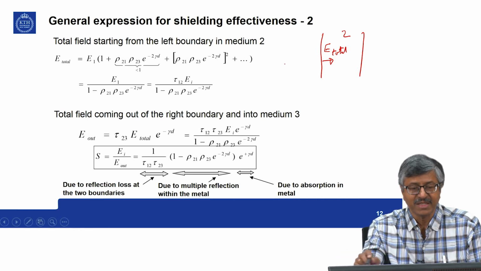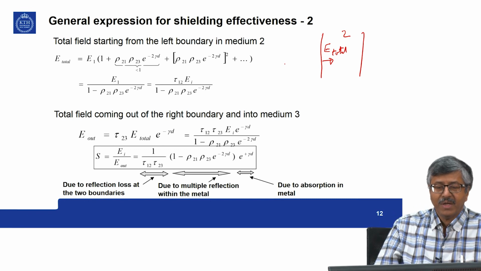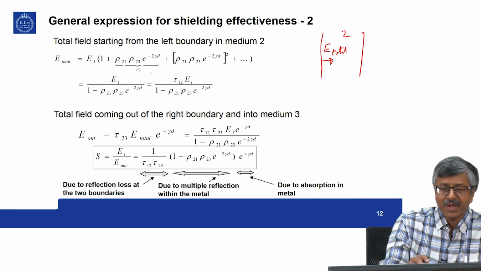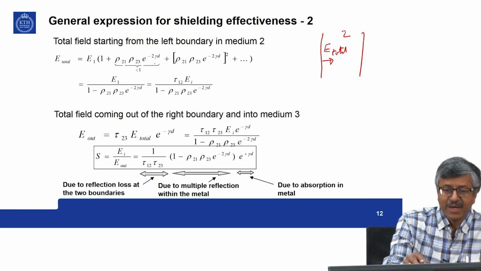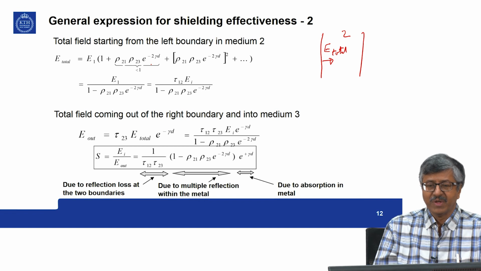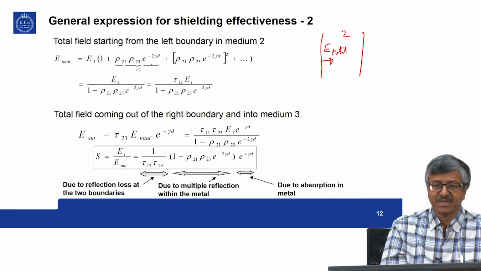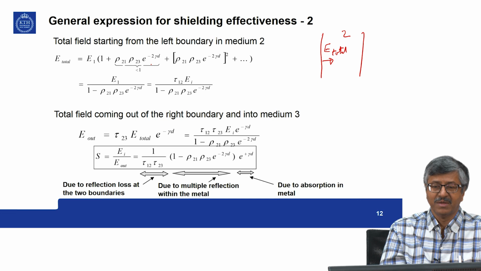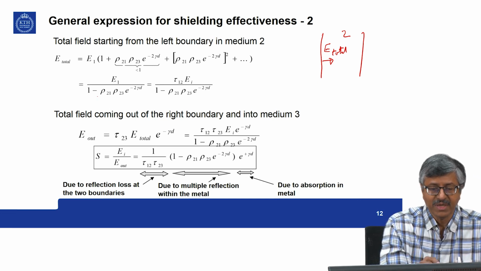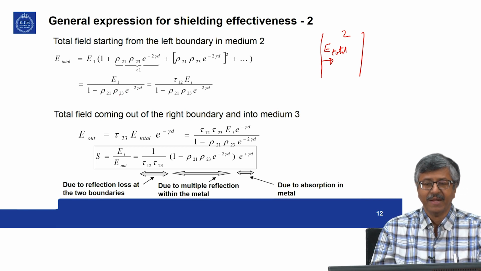Likewise an infinite series you will be getting. Since rho 21 and rho 23 are less than 1, the whole thing will be multiplied by e to the power minus 2 gamma d, which will be less than 1. So, you have an infinite series like this, and from the tables on series you can simplify it as E1 divided by 1 minus rho 21 rho 23 e to the power minus 2 gamma d. You can write it like that.